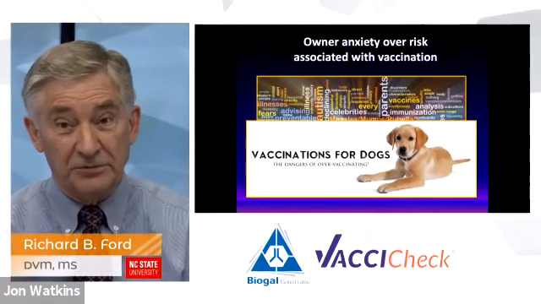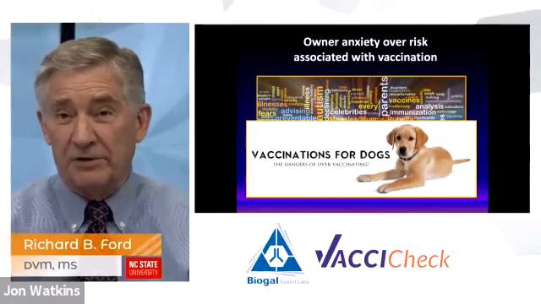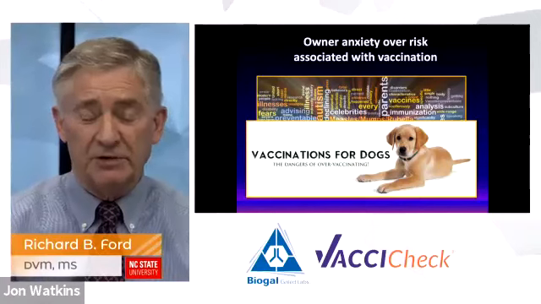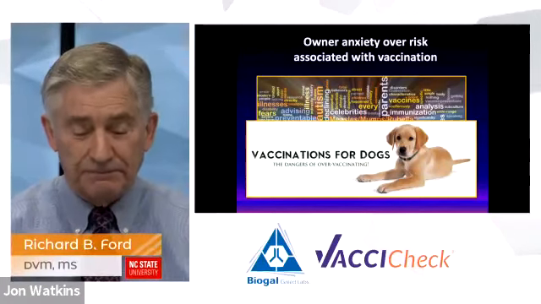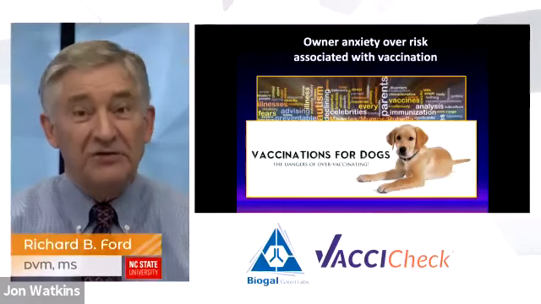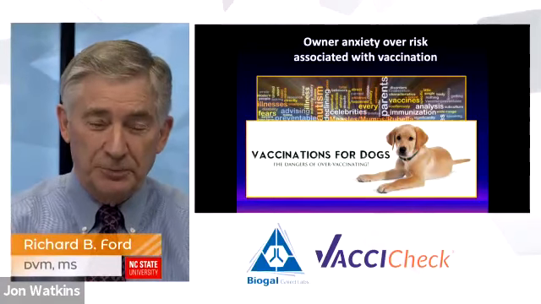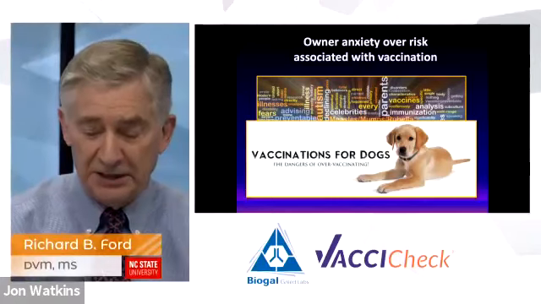If the dog is in fact positive on these distemper, parvo, and adeno tests, the dog is protected and the owner can be relieved, and it really isn't necessary to vaccinate that dog again. On the other hand, if the dog is negative for antibody, then it requires the clinician to interpret the significance of a negative test in light of the age of the patient.